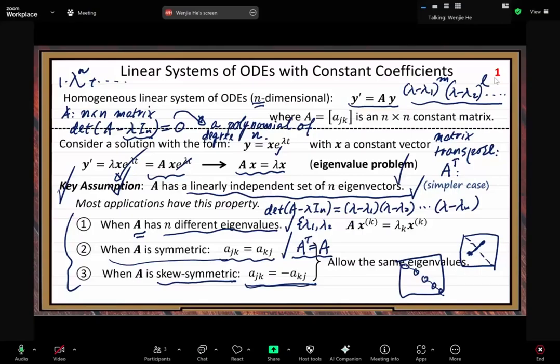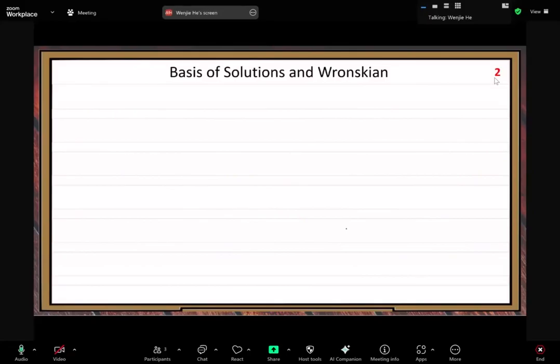Because you have n linearly independent eigenvectors, you can write a general solution, and you get a basis of this linear system, the ODE. Then you use the basis to write a general solution. So we complete the solution.